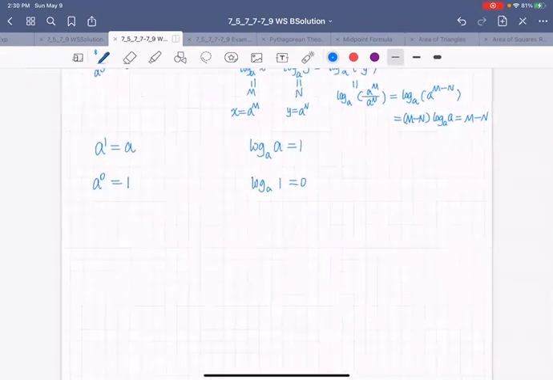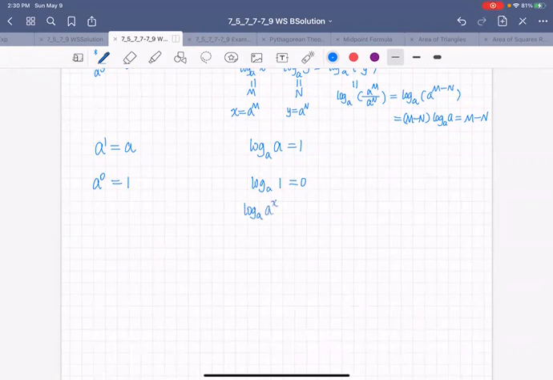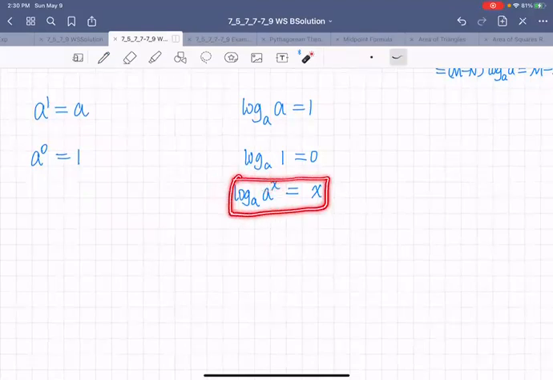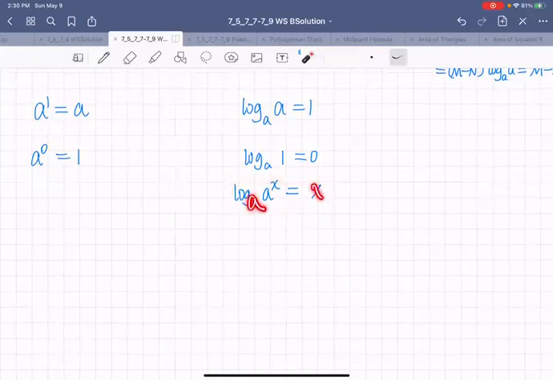If you have log base a of a to the power x, this guy is going to equal x. You might ask me, why, teacher, can you do that? Look, by the definition of log, a to the power x equals this.